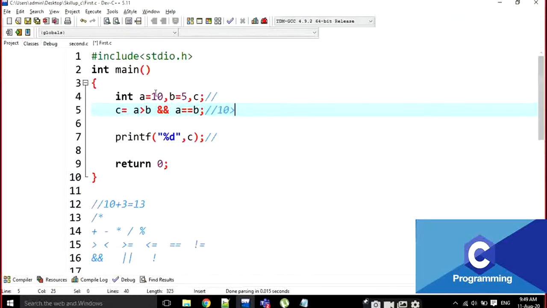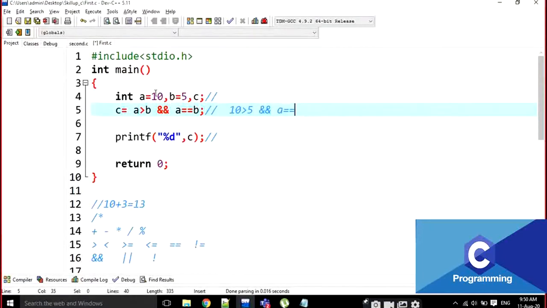Is 10 greater than 5? Is it true or not? Yes, sir, it is true. Then only it will move to the next statement.